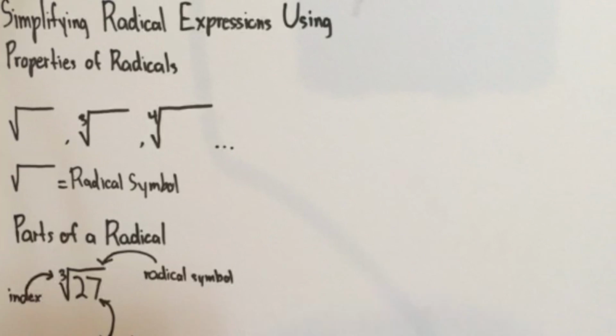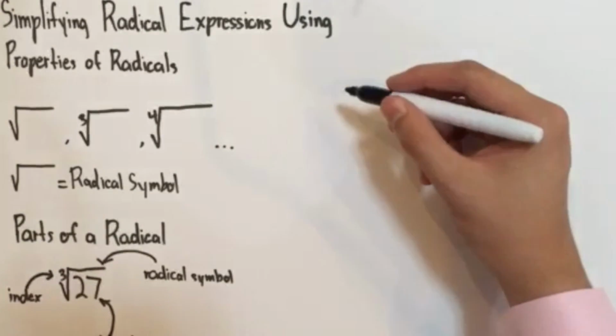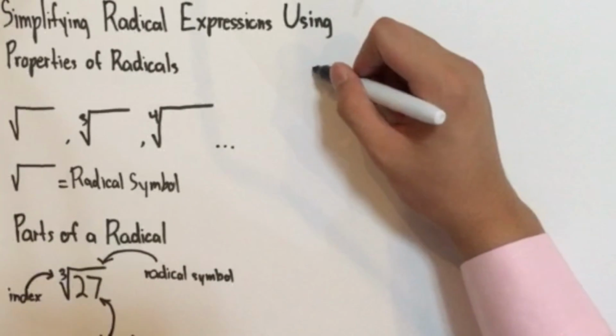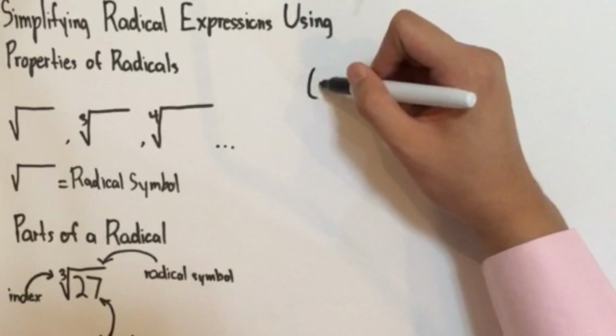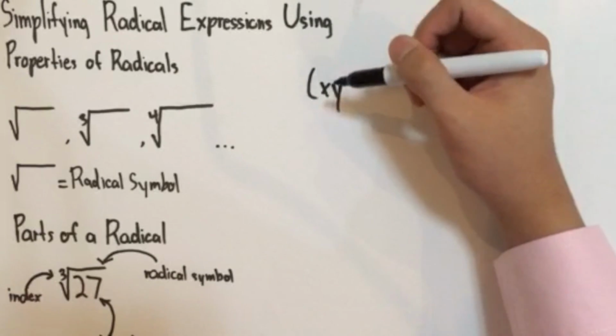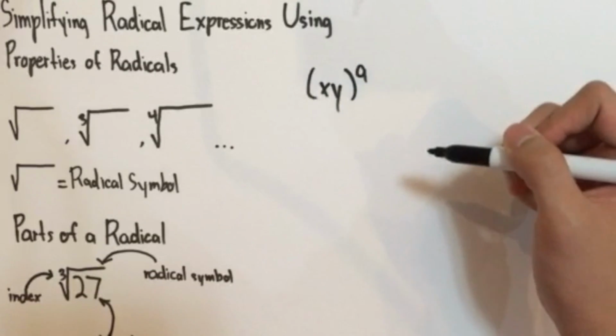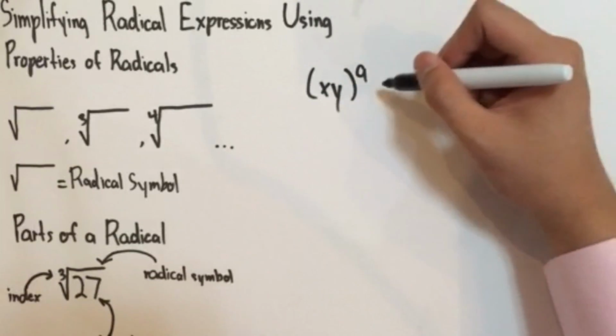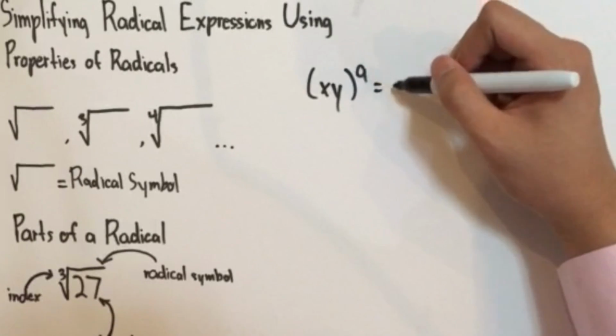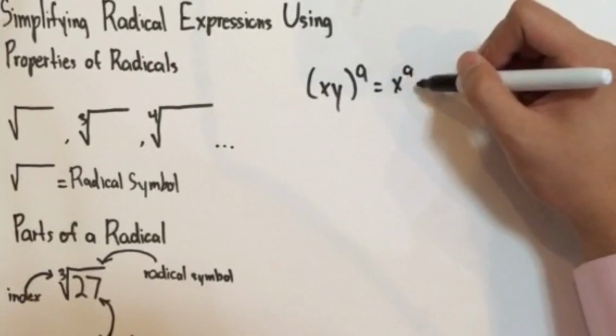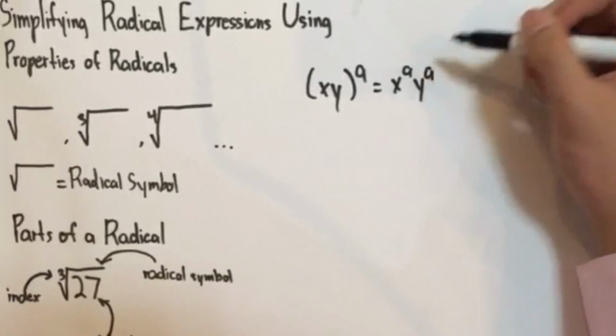For example, quantity xy raised to a is equal to x raised to a, y raised to a.